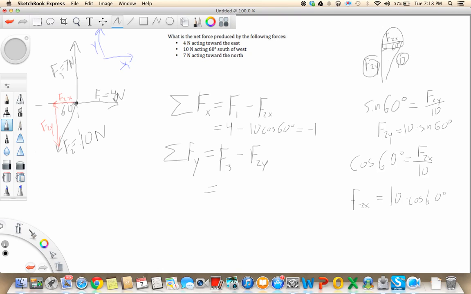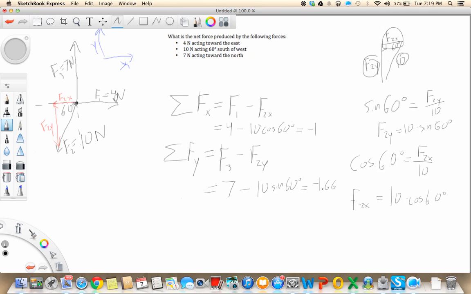And when we're talking about the sum of the forces in the y direction, we're going to take 7 minus, come over here and get our f2y, 10 times the sine of 60 degrees. And sorry if I get this wrong, if I remember correctly, it was equal to -1.66, or approximately equal, because of course that's an irrational number.